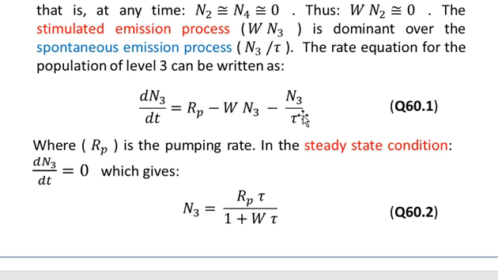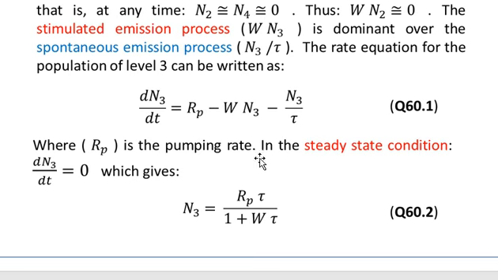Due to these negative signs, the population of level 3 will decrease due to stimulated emission and spontaneous emission. But there is a positive sign with Rp. It means that the pumping will increase the population of level 3.